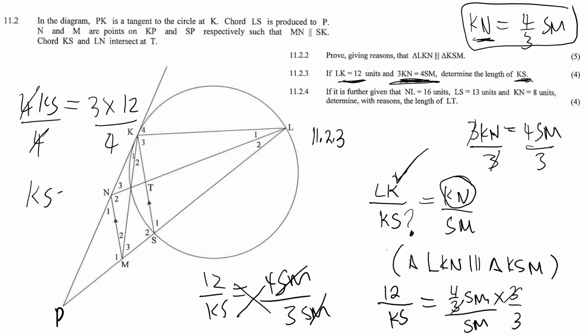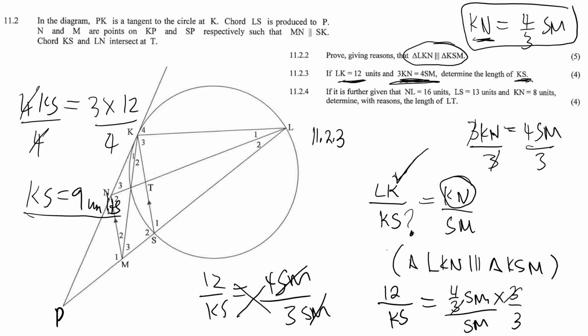Then KS will be equal to 3 times 12, which is 36, divided by 4. It will give us 9 units. So that's basically how we solve that question. And don't forget, we just use the previous question because we have proven that it's similar. You can now move to proportionality. That's what you have to be thinking of when you are solving similarity to proportionality questions.